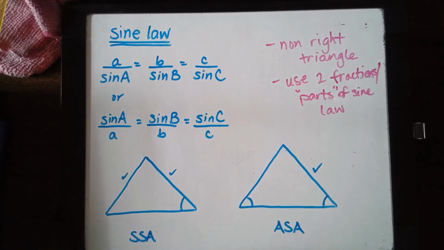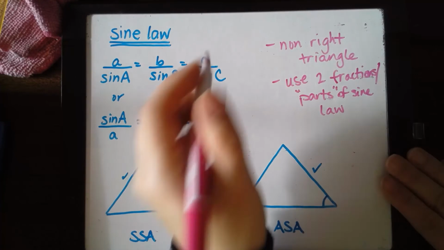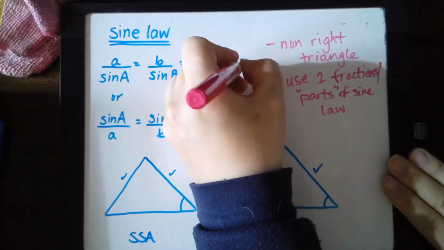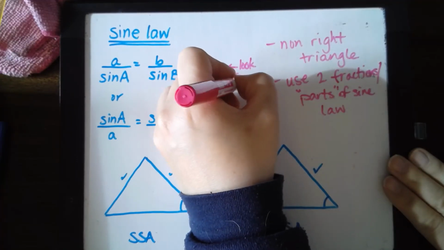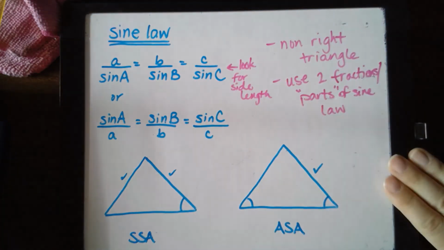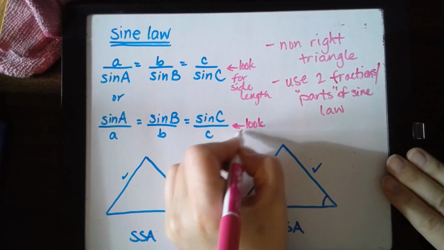I want you to be comfortable with using either of these, but to be strategic, I use this form when I'm looking for a side length, and I use this form when I'm looking for an angle.